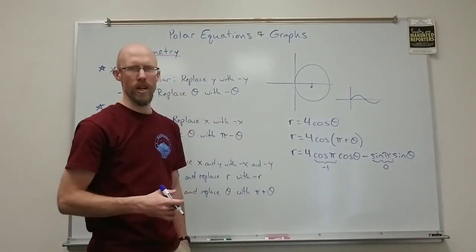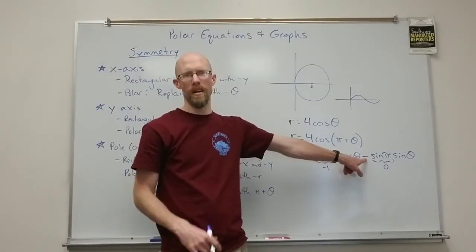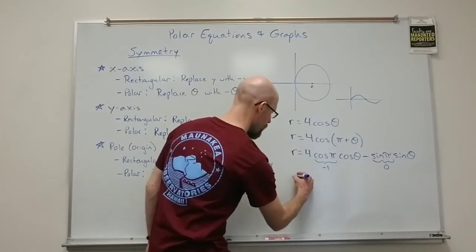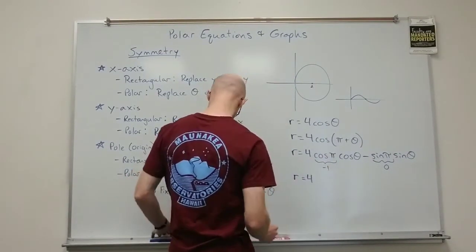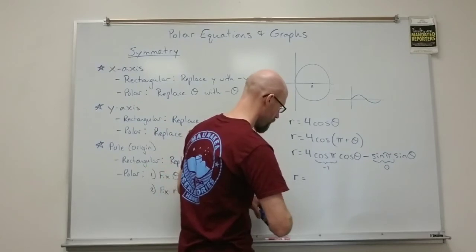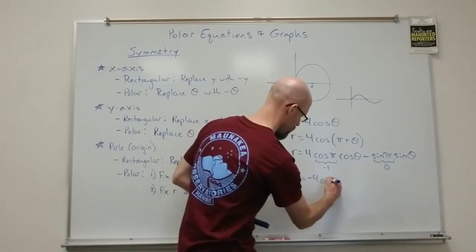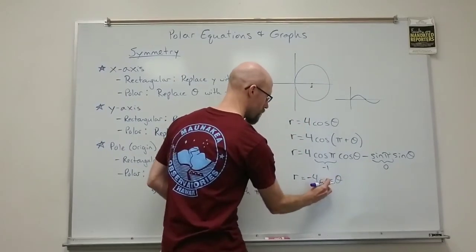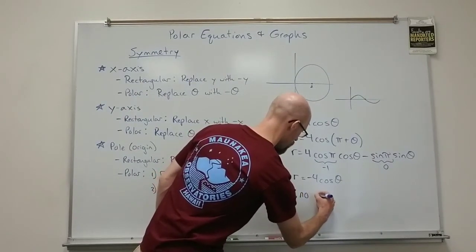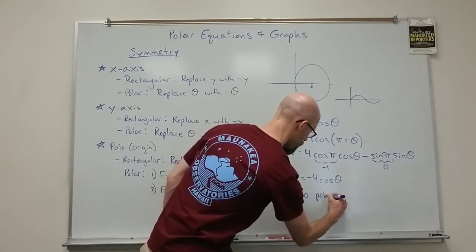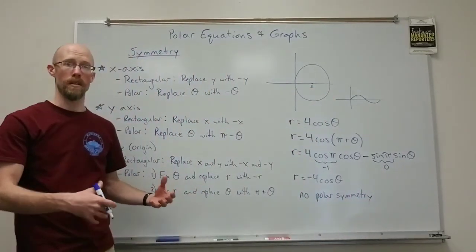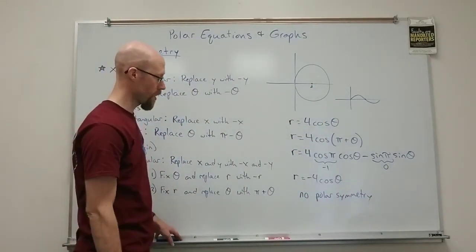So it really doesn't change a whole lot except for the sign in the middle, which, because you're adding or subtracting 0, doesn't change. So we still end up with r equals -4 cosine theta, which we've now seen a couple times is not equal to the original, so there's no polar symmetry. Or symmetry with respect to the pole is probably a better way to write that, okay?